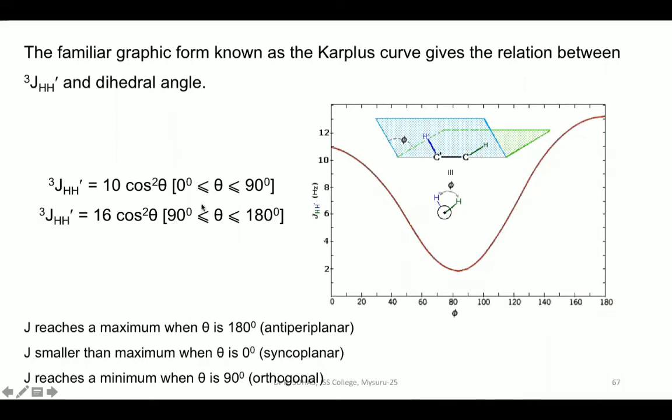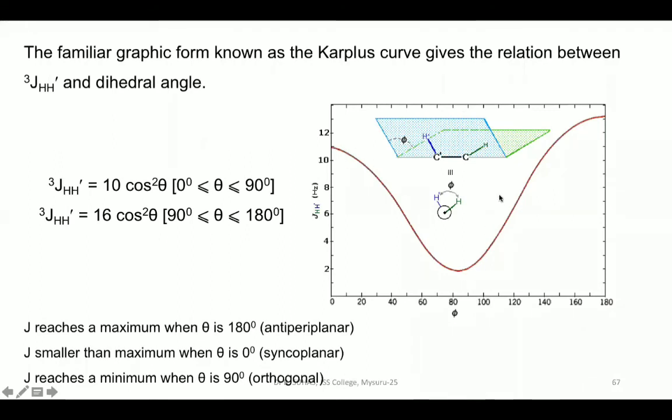That means for the Karplus equations or the Karplus curve, we consider the range from 0 degrees to 180 degrees. That is, theta will be in the range of 0 to 180 degrees. So these two are called Karplus equations, and this is the Karplus curve. What is the Karplus curve? It is the graphical representation in which theta is plotted on the x-axis and coupling constant is plotted on the y-axis.